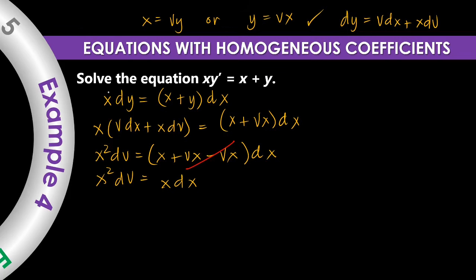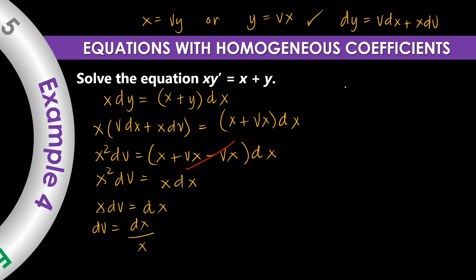And x is a common factor, so we can divide both sides of the equation by x, leaving us with x dv equals dx. So we just separate the variables. dv equals dx over x. And after we have separated the variables, we integrate both sides.